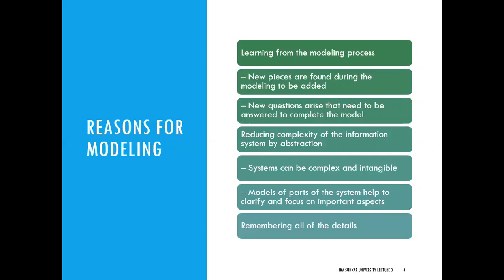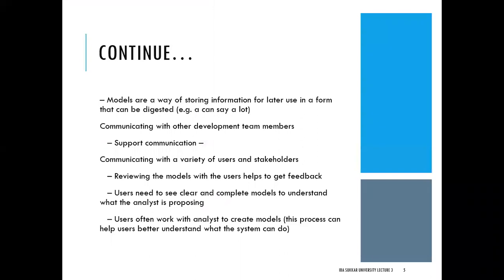Remembering all of the details: it is always difficult to remember everything in your mind and just try to implement directly into the database. Rather, when you make those models, that will help you to understand the complete concept. Okay, models are a way of storing what we have done.